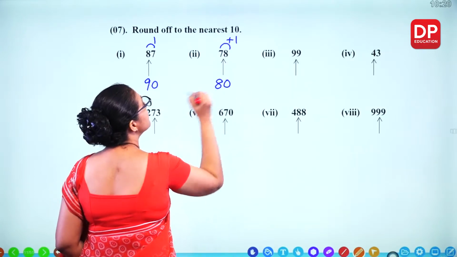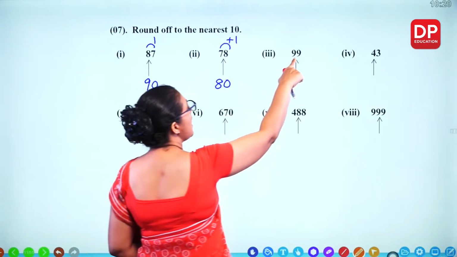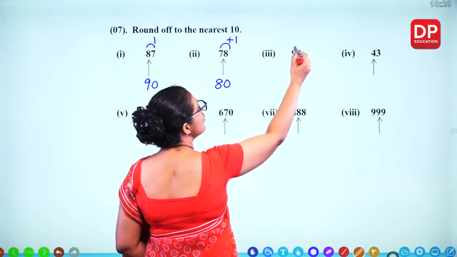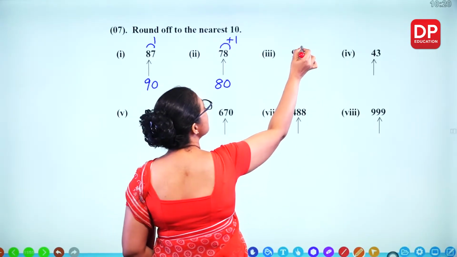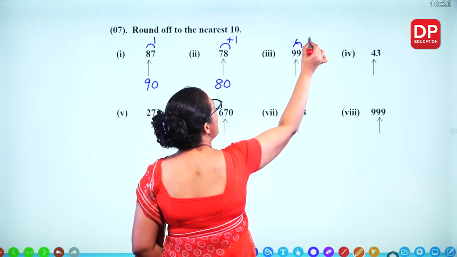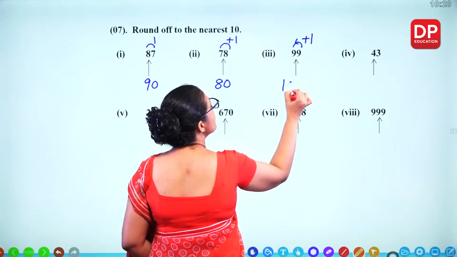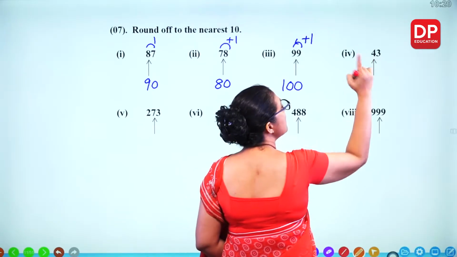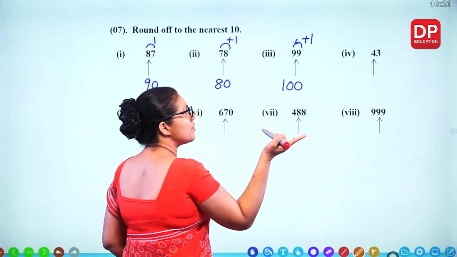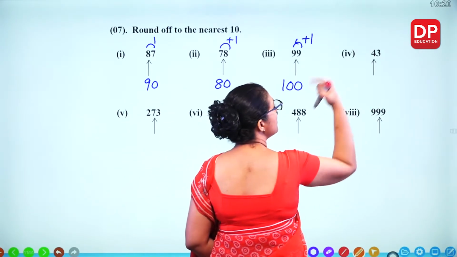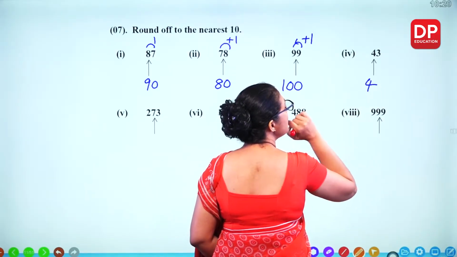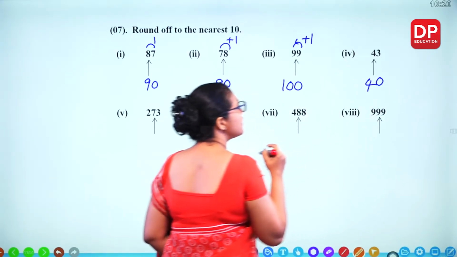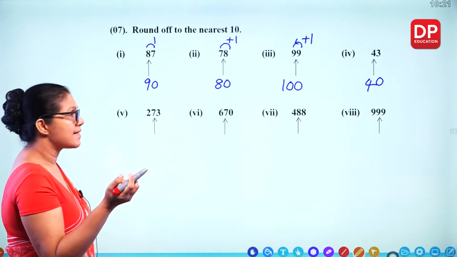So 80. 99. The next digit is 9. That's more than 5, add 1. So you get 100. 43. The number right to that is less than 5. 3. So we don't add. We write the digit as it is and put zeros for other right hand side digits.